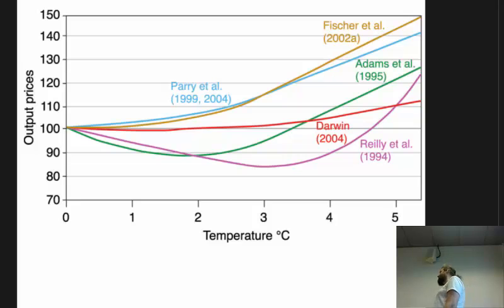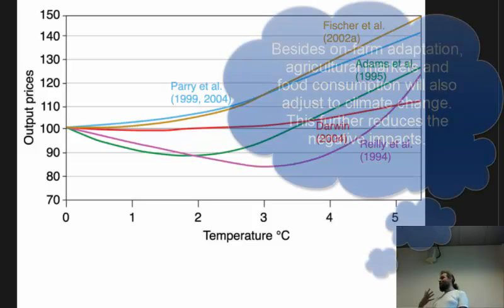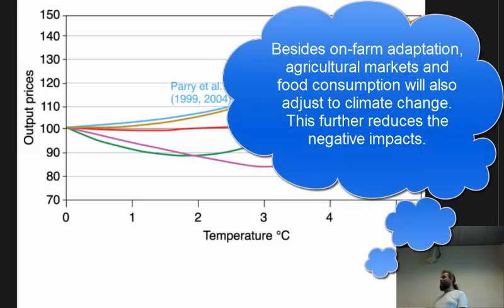Essentially what happened here is that the modelers took these changes in crop yields and put them into models of how farmers make decisions, how local markets then respond to whatever is going on the farm, and then how international markets would respond. And of course also how consumers would respond to them.